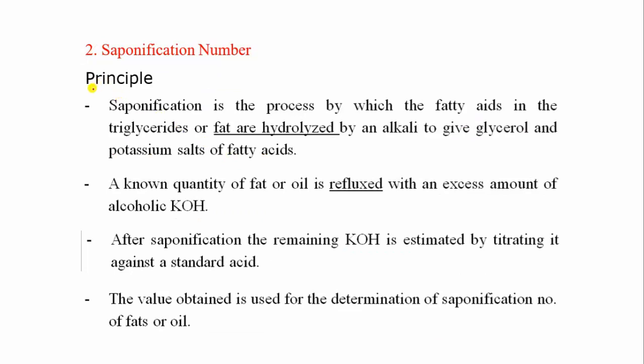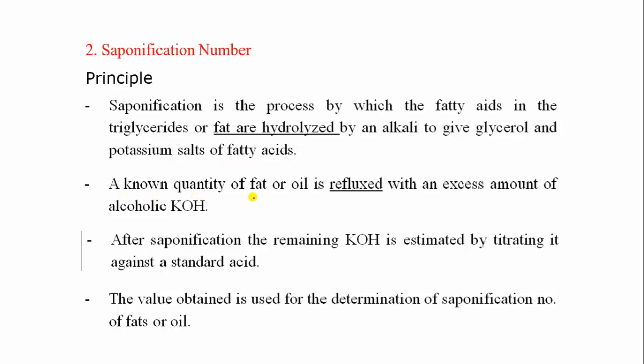Now, the principle behind the saponification number. Saponification is the process by which the fatty acids in the triglycerides or fats are hydrolyzed by alkali to give glycerol and the potassium salt of fatty acids.